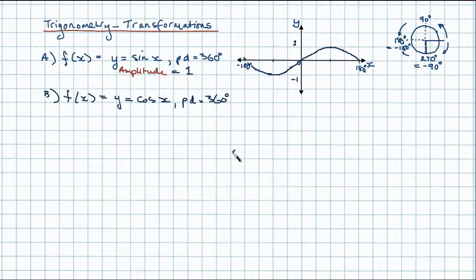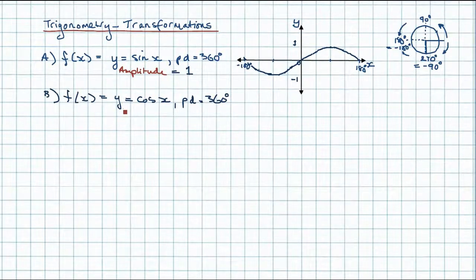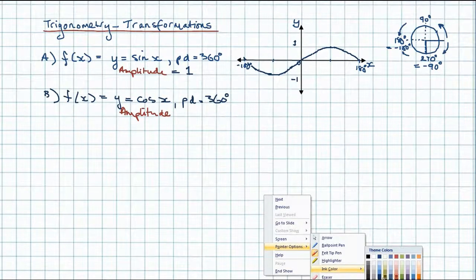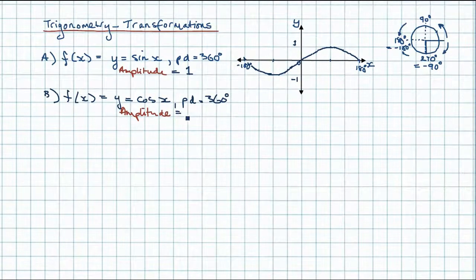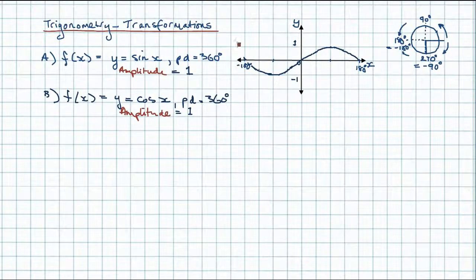The amplitude, let's write amplitude, equals 1. So again, it's the distance up and the distance down it goes on the y-axis, so it's how far it departs from the baseline. Let's use a red pen for our cosine function then.